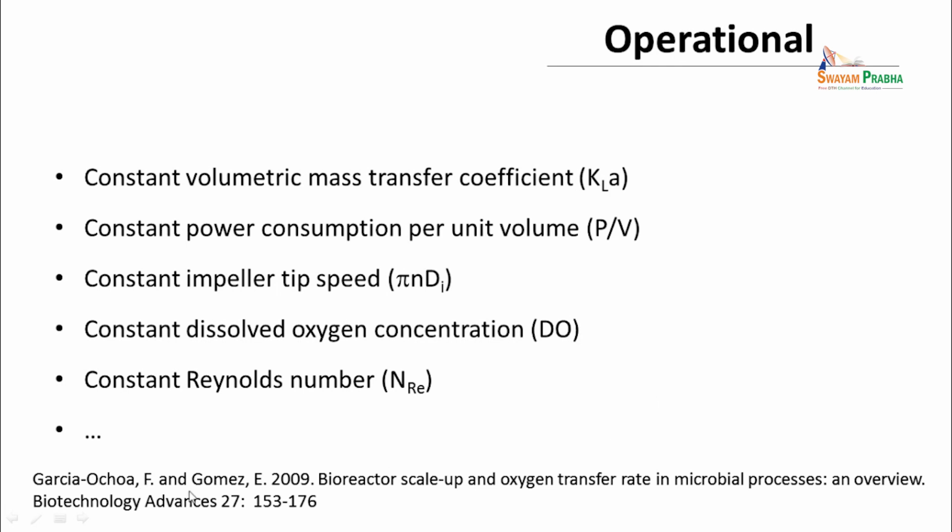This paper by Garcia Ochoa and Gomes in 2009, published in Biotechnology Advances, titled Bioreactor Scale-up and Oxygen Transfer Rate in Microbial Processes, an Overview, says that in the industry, typically the scale-up is done on a KLA basis 30% of the time, on a constant power consumption per unit volume basis 30% of the time, constant impeller tip speed 20% of the time, constant DO value 20% of the time.